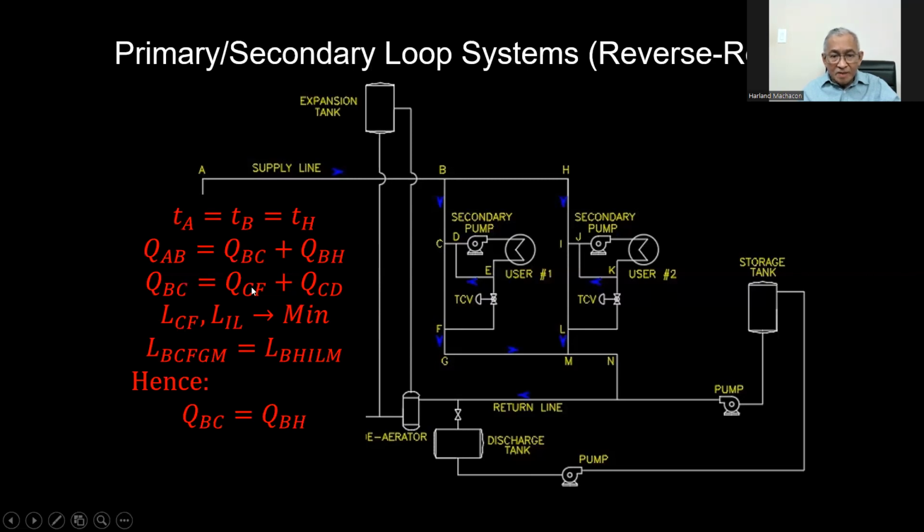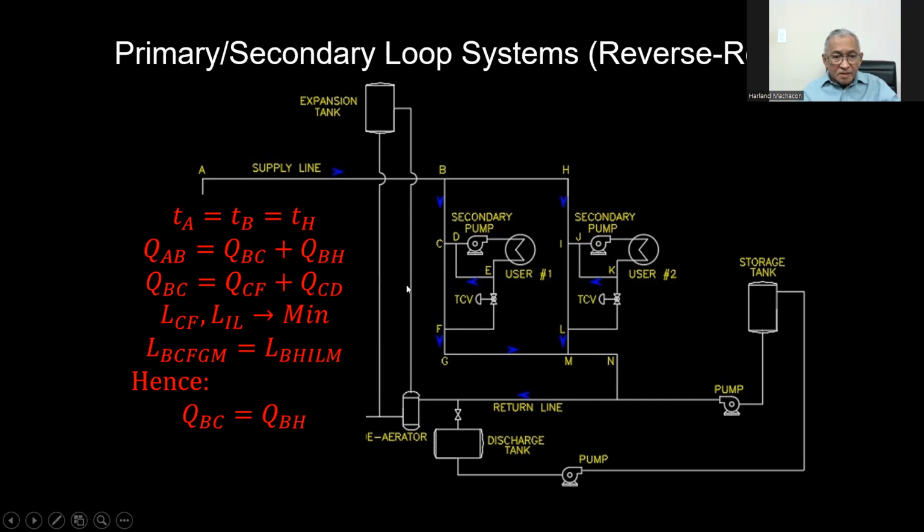And similarly, as what we have previously discussed, the length of the common pipe CF and IL is kept to the very minimum, so that there will be minimal resistance to flow here, minimal pressure drop. So the flow will just be sufficient so that it won't go to the secondary pump at user number 1 and user number 2.